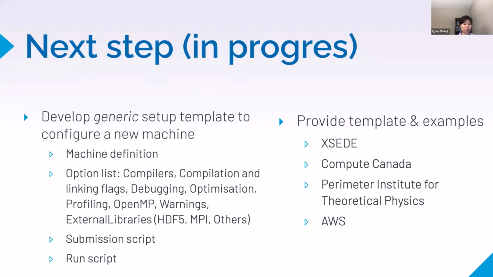This includes the machine definitions, the option list with all the hardware infrastructure and software dependencies, and also the submission script and the running script submitted to the queuing system. Right now, we are working on running all the reproducibility use cases on the Exceed clusters, which are more than the 2 clusters we are currently using.